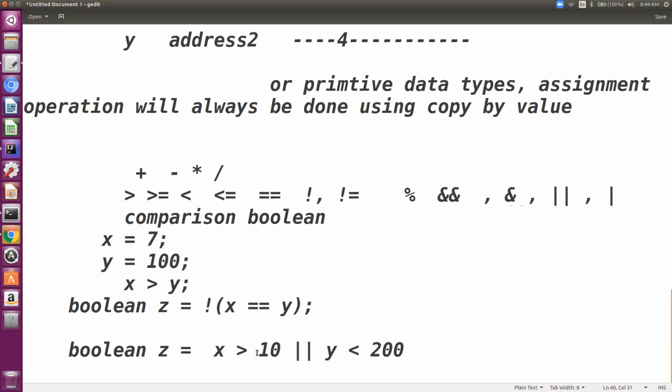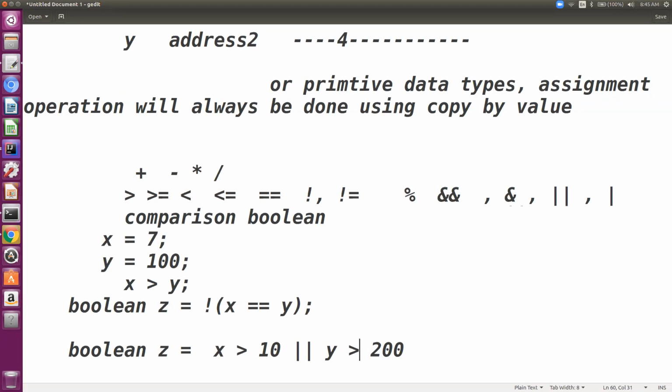But the answer will be false only if both the left operand and the right operand are false, then only the answer will be false in case of the OR operator. So in this case, what do you think the Boolean z will be? True. Correct. And if I do this, then true or false?